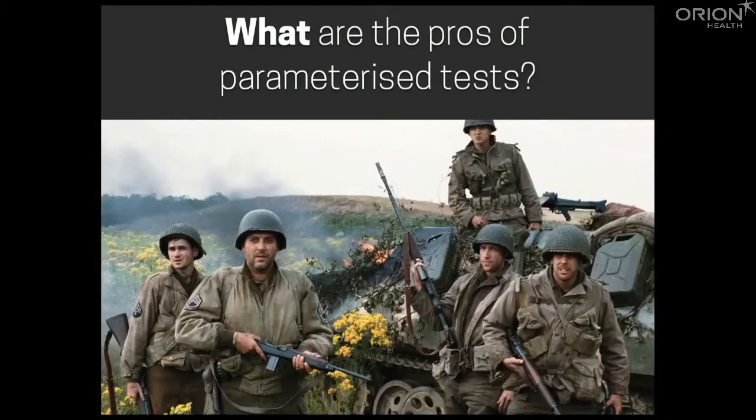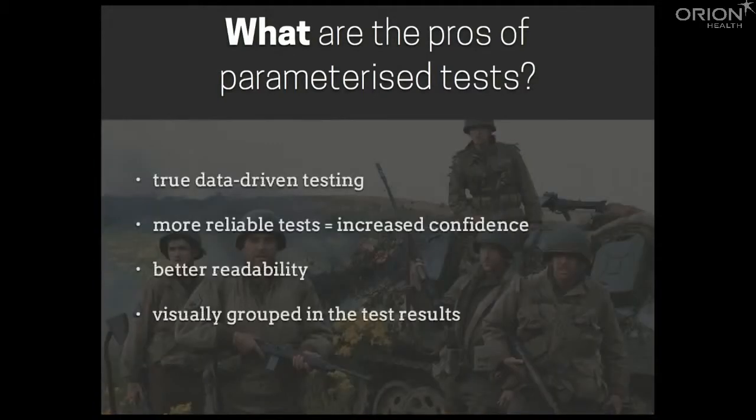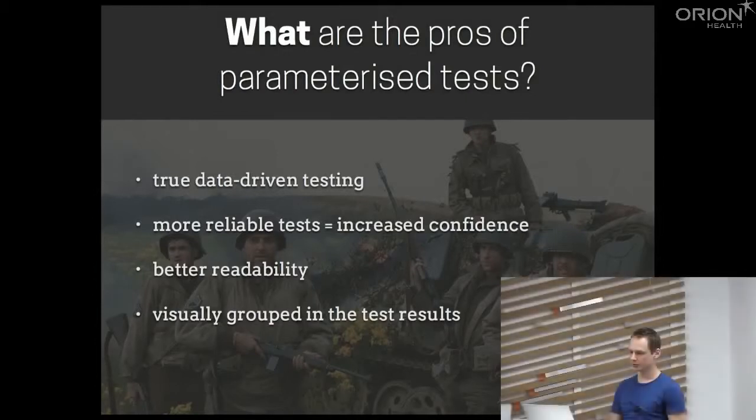So we are slowly getting to the end of my presentation. Let me recap what the pros of parameterized tests are in general. It allows you to do true data-driven testing. And I guess the most important point is the reliability, the quality of tests, like Jakub mentioned.